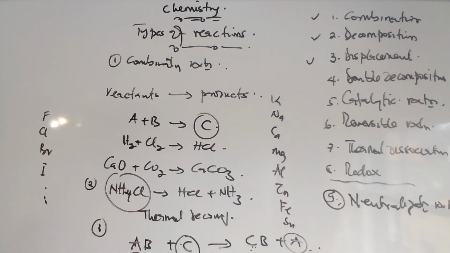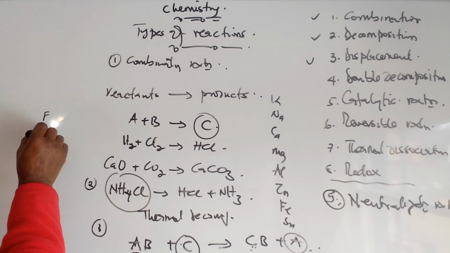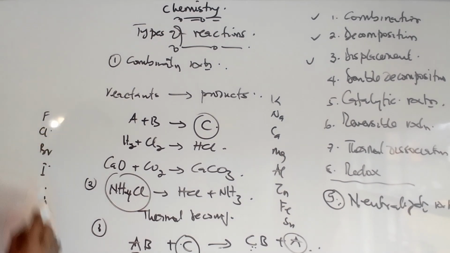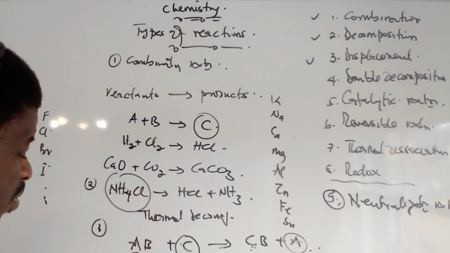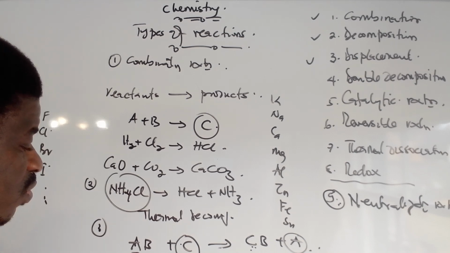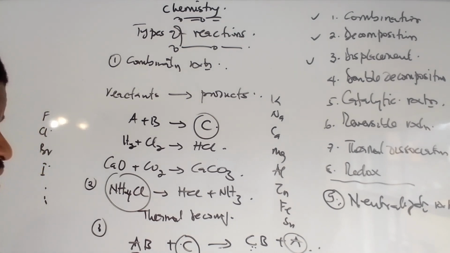So you see that chlorine is more electronegative than iodine. When you look at chlorine and the iodide, these are the anions. The chlorine will now displace iodine, and you now have potassium chloride plus iodine.